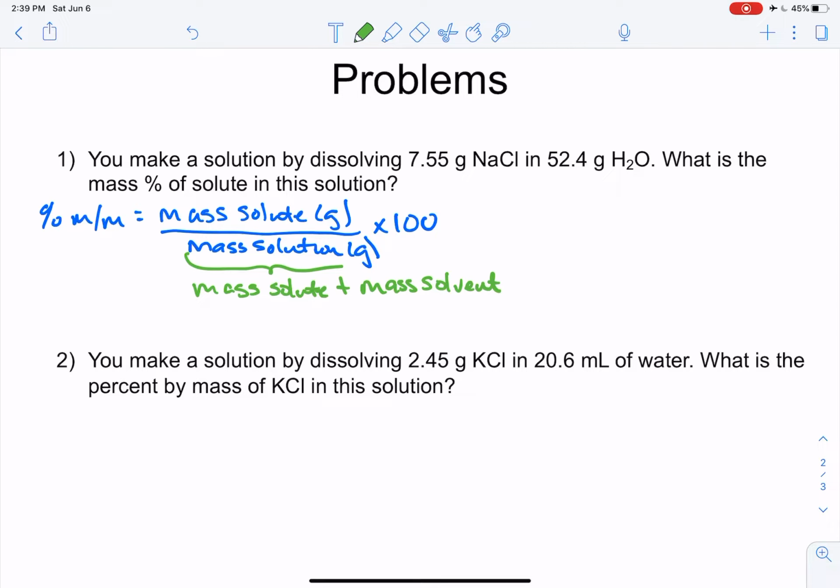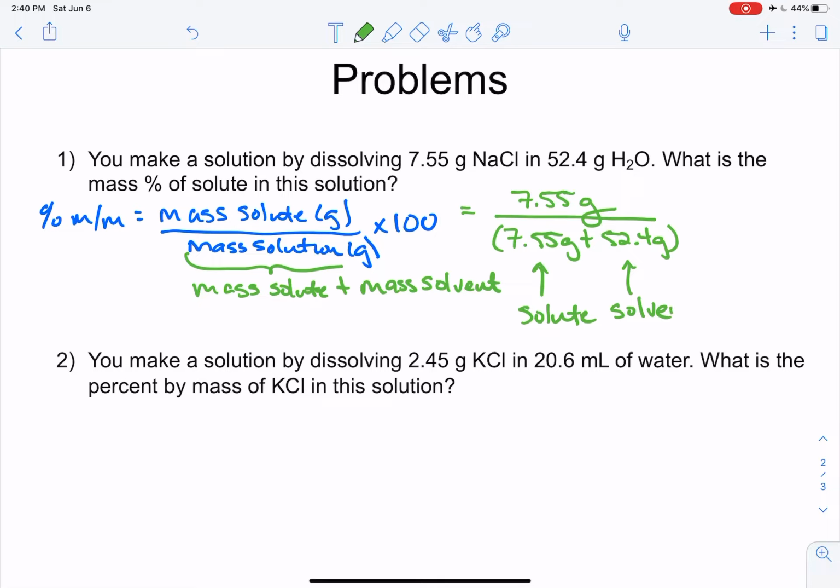All right, so then for this equation, we're going to say we've got 7.55 grams of our NaCl in 7.55 grams plus 52.4 grams, because that's the mass of our solute, and the 52.4 is the mass of our solvent.